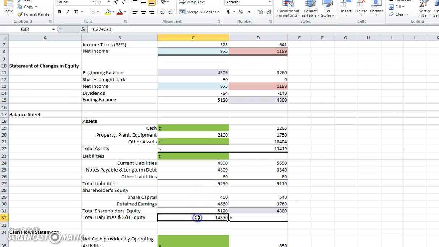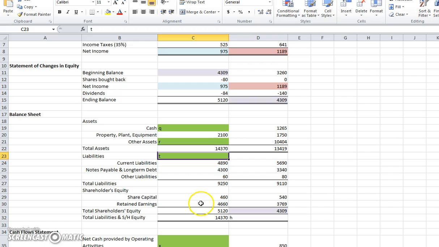So we're pretty good. We've got total liabilities and total share equity is 14,370. And because A equals L plus E, we know the total assets, it's got to be this.